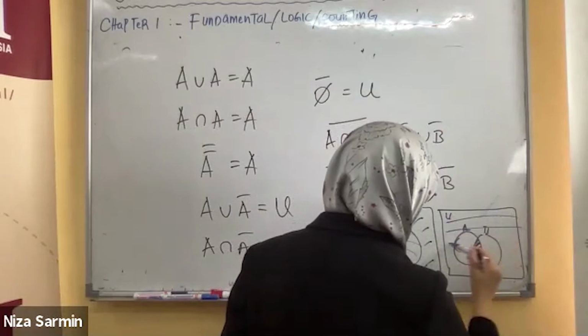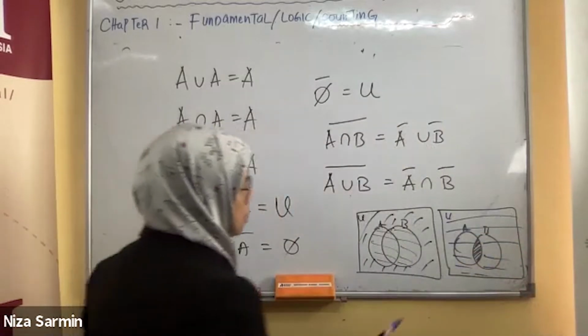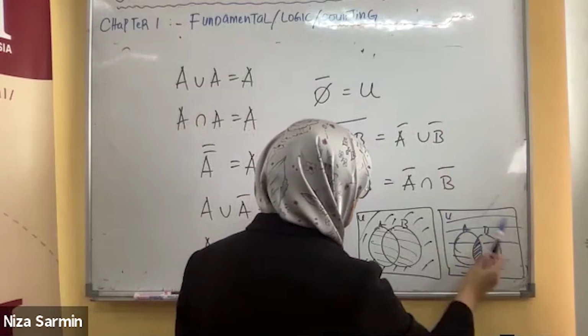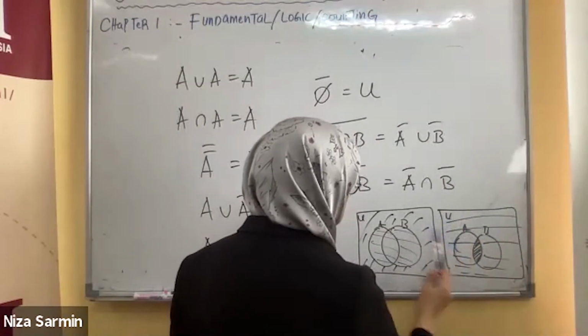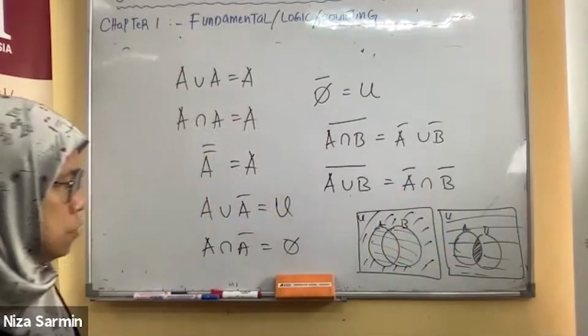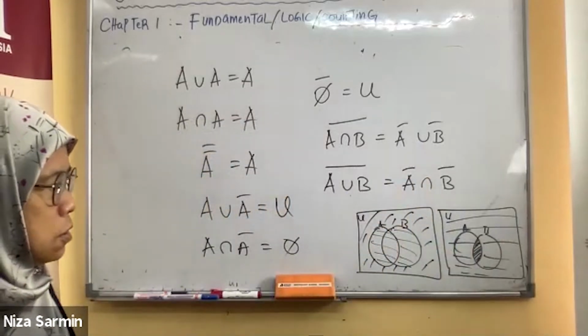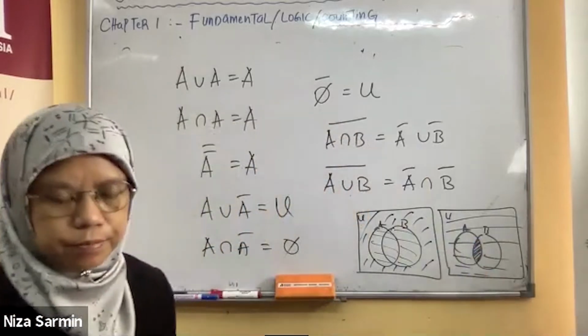These are all the complement. And A complement is everything here. B complement is everything here. So you take the union of those, because it's anything except this part. Okay.